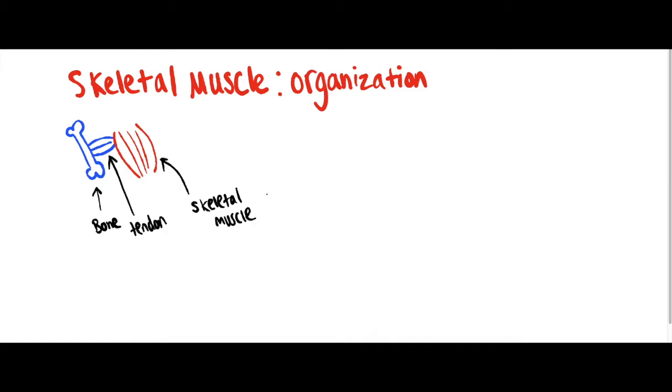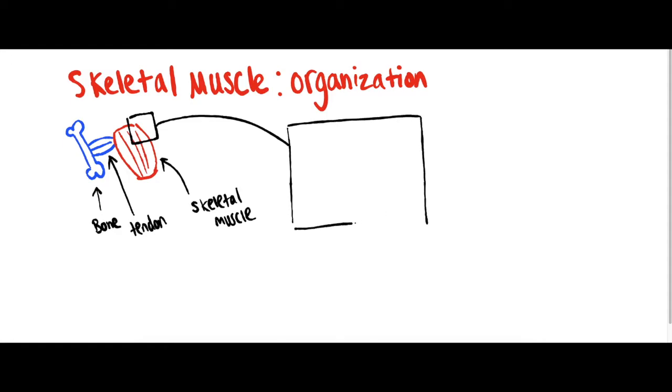So if we zoom in on the skeletal muscle, let's zoom in right here. So what does it look like? The skeletal muscle is going to be made out of different levels of organization.